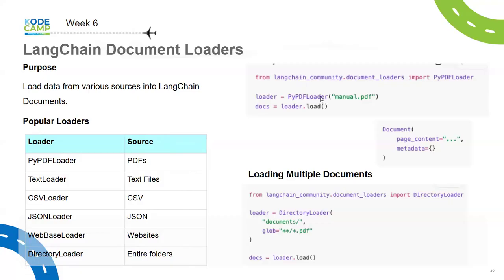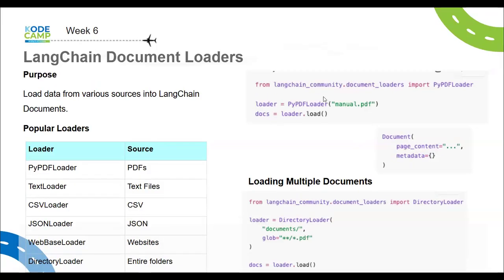In LangChain version 1, all of these have been moved into the LangChain community namespace, for Python. For TypeScript, JavaScript, it's also still in the LangChain community, but you really need to go check on their site to know exactly where to get those things.